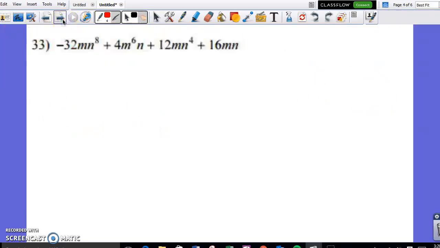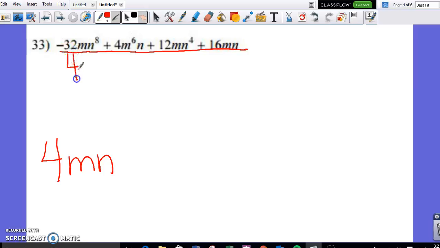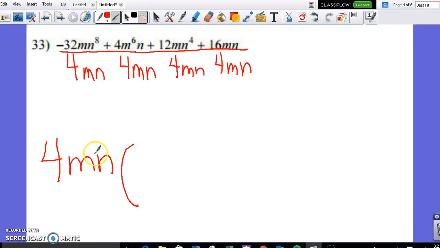All right, and then this one you have to look at a bunch of stuff, but they all have a 4 that they can go into, an m and an n. Again, it helps me so much just to write this down. You're like, I don't want to write it down 4 times, but it is going to help you tremendously. Then you say, okay, how many times can that go in there?